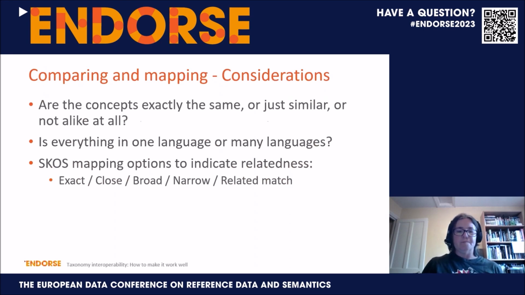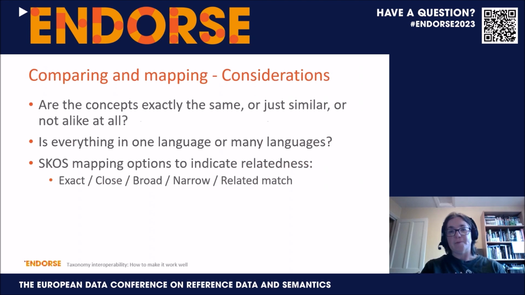So those are some of the really common use cases. So how do you actually do it? This is something that I often get asked when I'm brought in to do a project around taxonomy mapping. You need to think about whether the concepts are exactly the same, or not the same at all. Because we all know from language that words and meanings can be ambiguous.